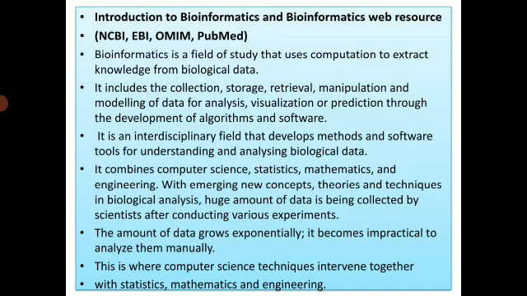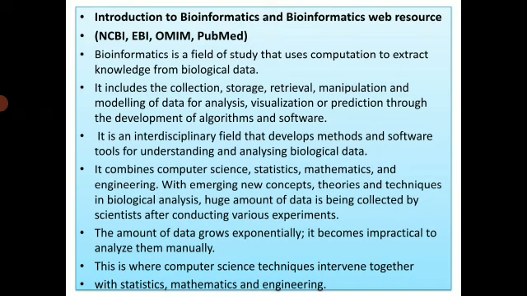So it includes the collection, storage, retrieval, manipulation, and modeling of data for analysis, visualization, or prediction through the development of algorithms and software. So we'll go one by one. Collection of data: we collect data from different sources about any biological things.